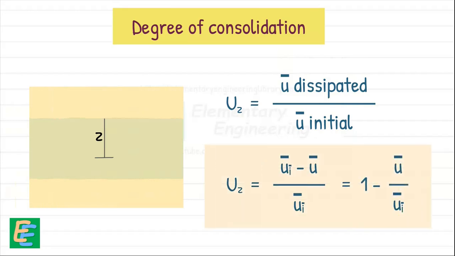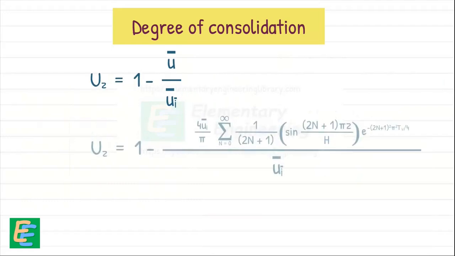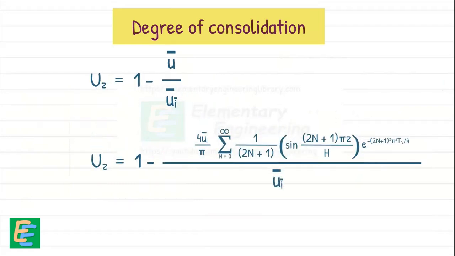It can also be written as this. This equation gives a degree of consolidation at any depth, but we are more interested in knowing the average degree of consolidation of the whole layer. So, if we substitute that massive equation and integrate it for the whole depth of the soil, we find that average degree of consolidation capital U is dependent on the non-dimensional time factor.